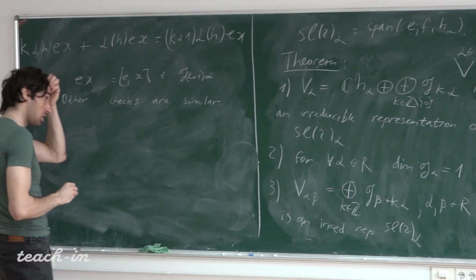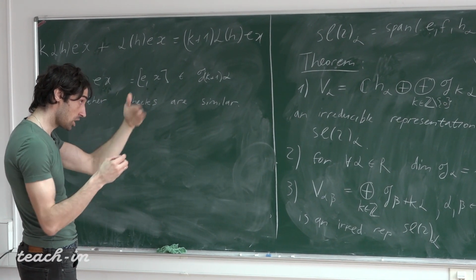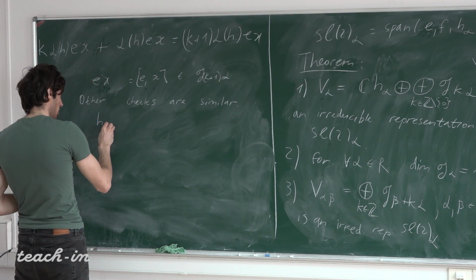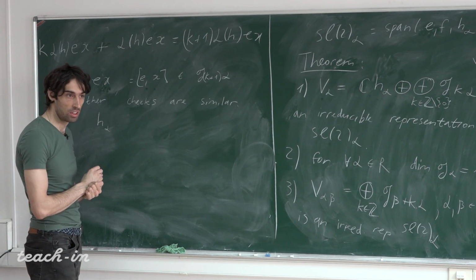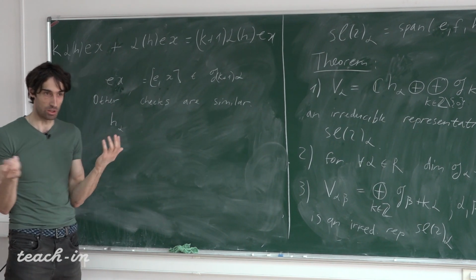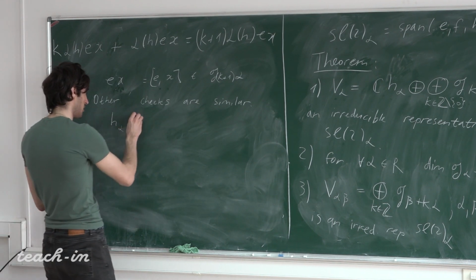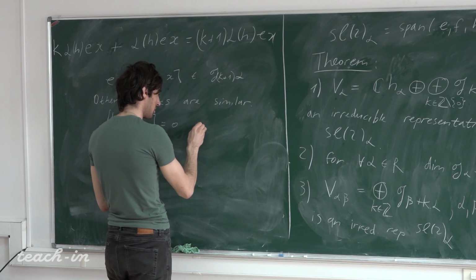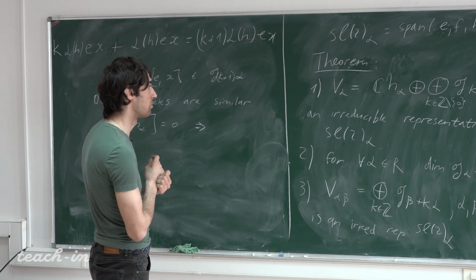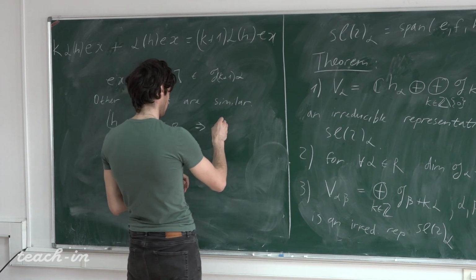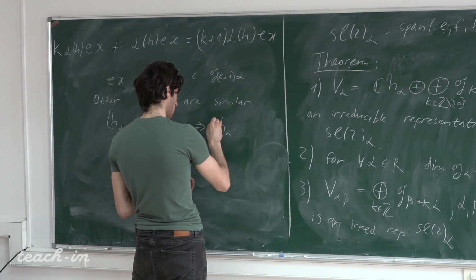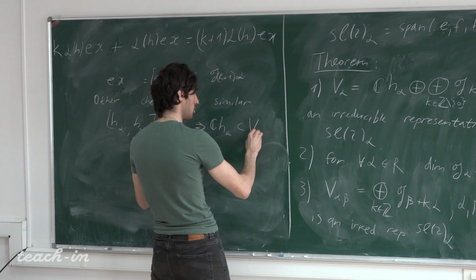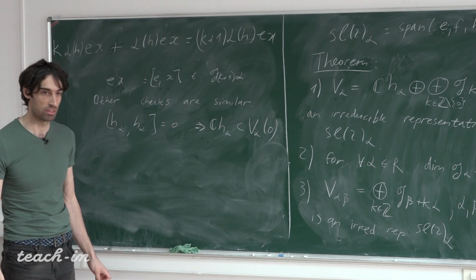So let me take H alpha in this case. If I take H alpha and act on H alpha, I'll get 0, right? The commutator of H alpha with itself is just 0. So therefore, C H alpha is inside the 0th weight subspace of V alpha.